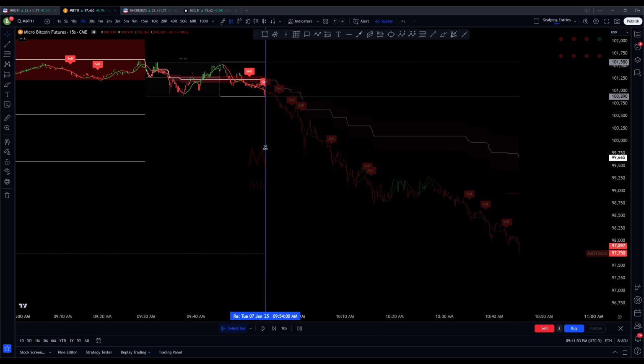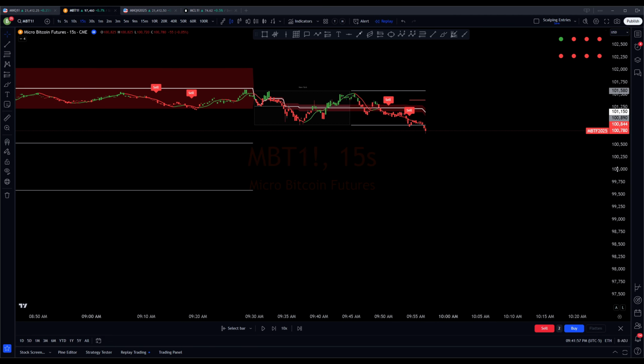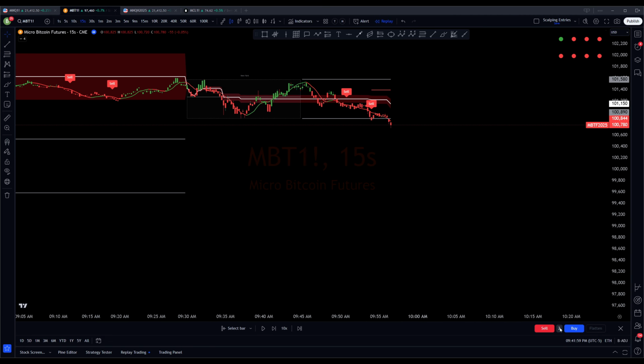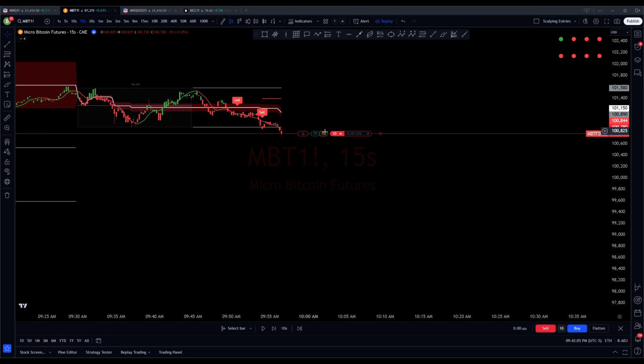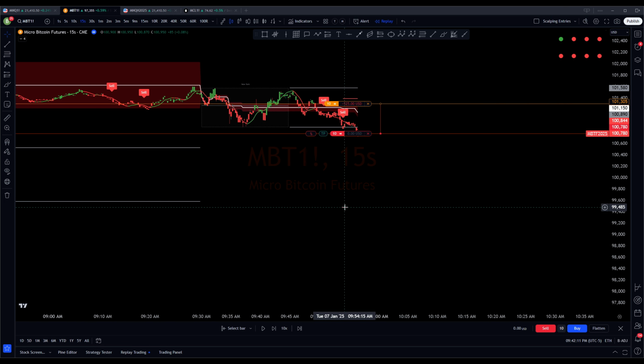But I want to see it with a monetary value, so we'll do it right there where that drops. We're on micro Bitcoin. I don't know why, but we'll just say we're trading 10 contracts. So that would give us 1 micro, and then our stop loss is going to go above the zone.